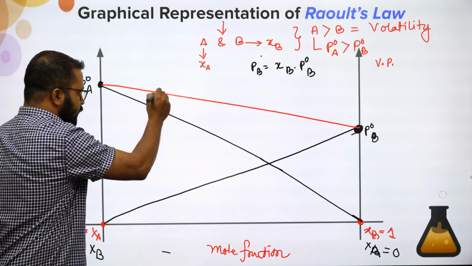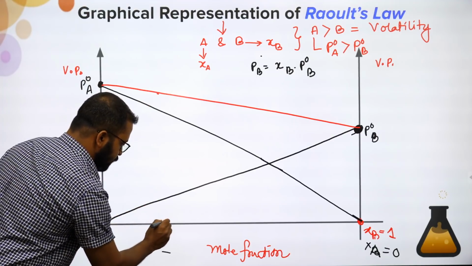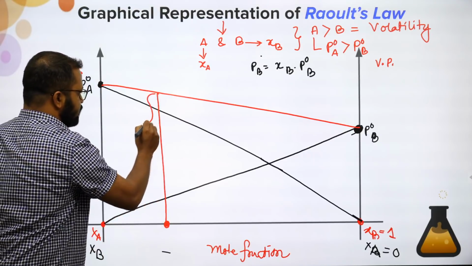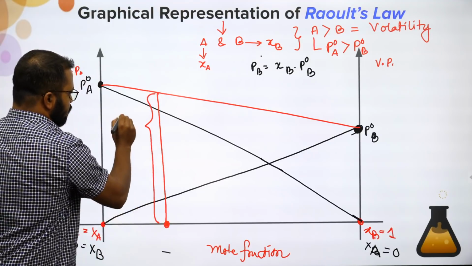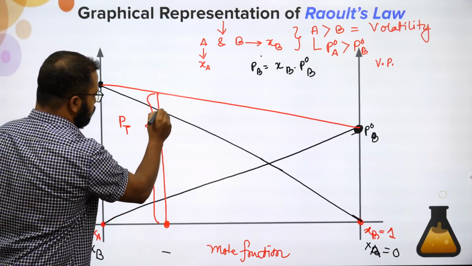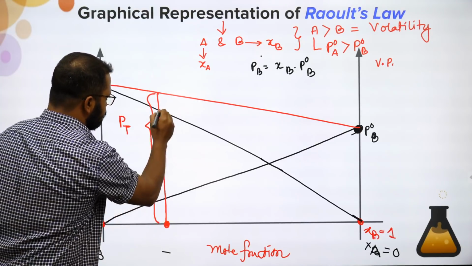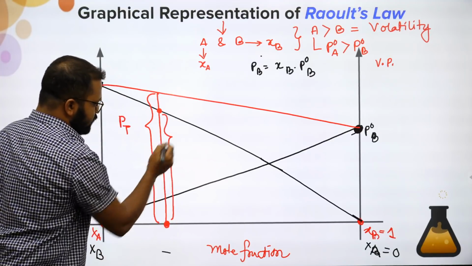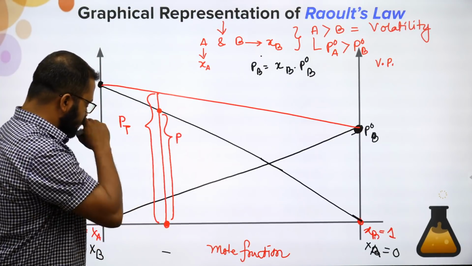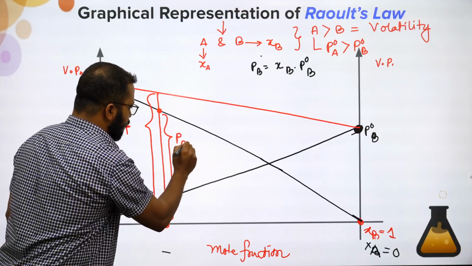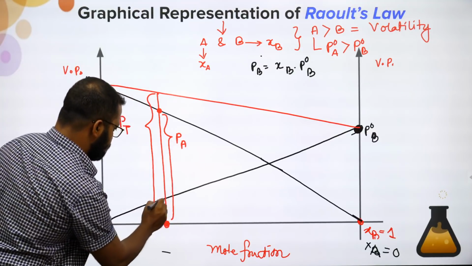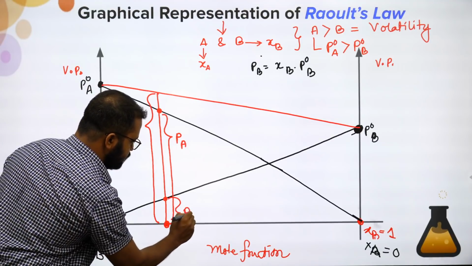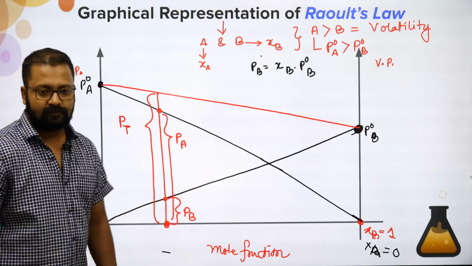So let's say this represents P total, this represents PA, while this represents PB.